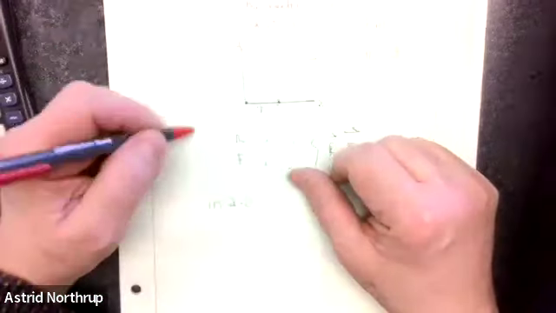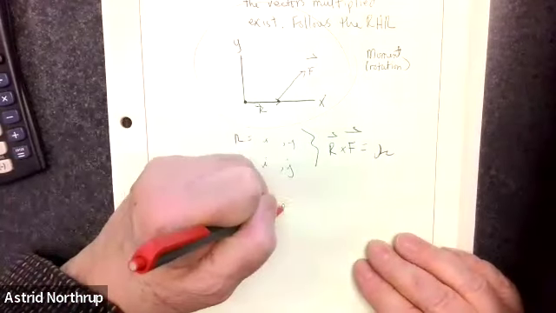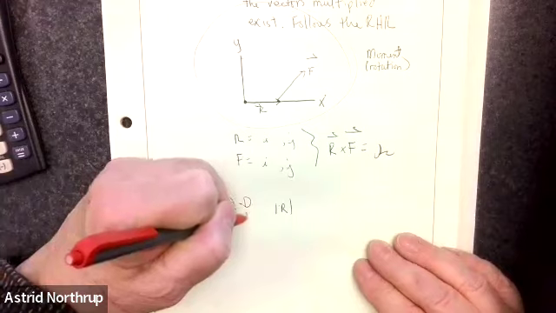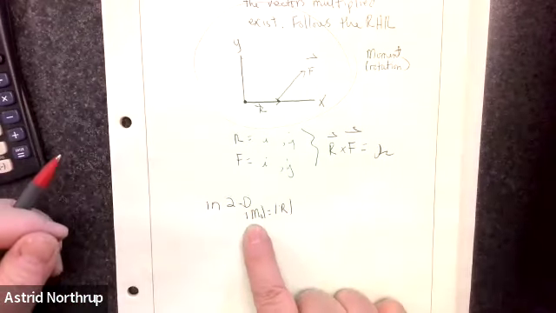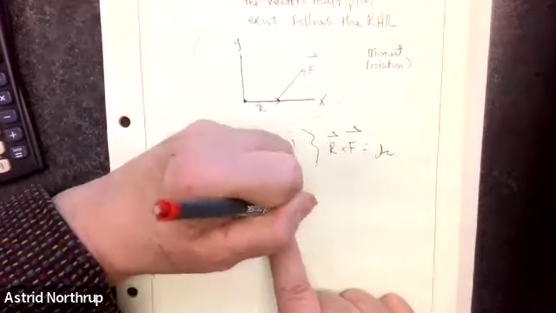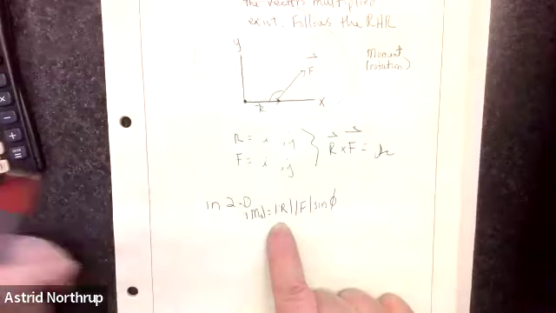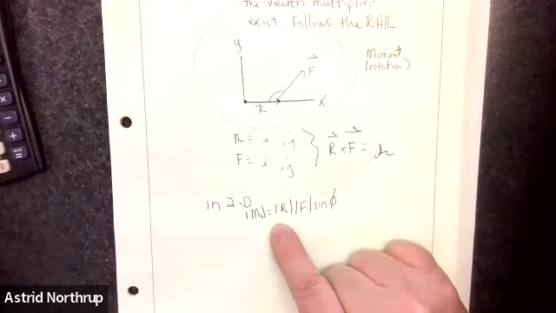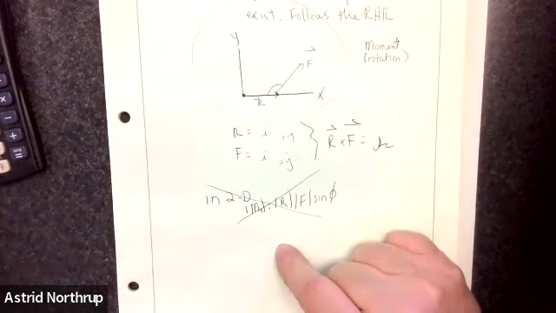The magnitude of the moment, because that's our major application at this point, is equal to the magnitude of r times the magnitude of f times the sine of the angle in between them, which they call phi. This has no applicability in 3 dimensions.